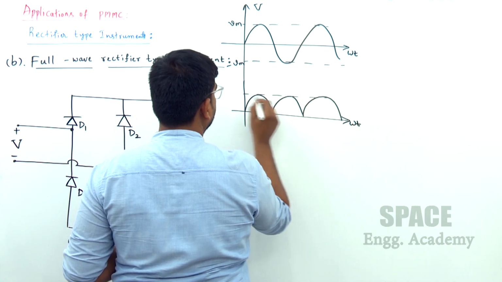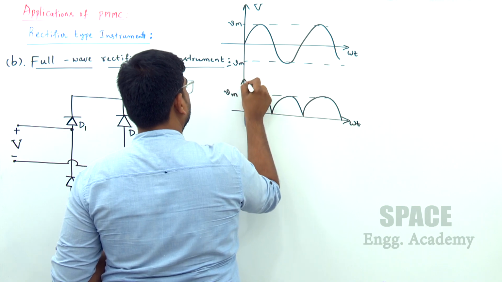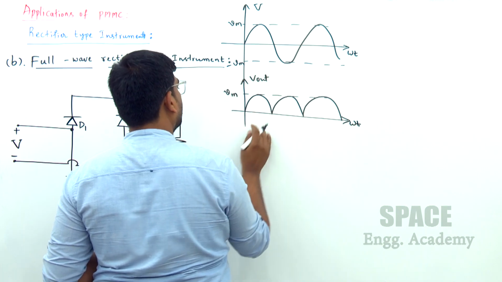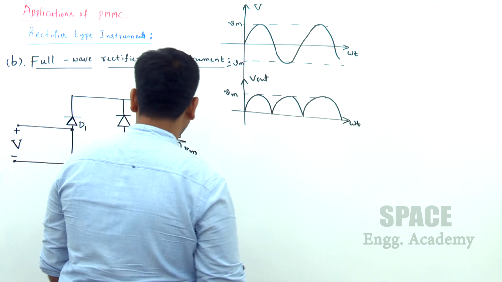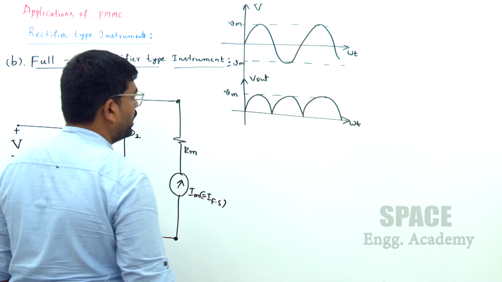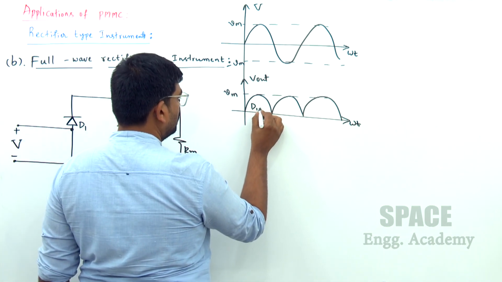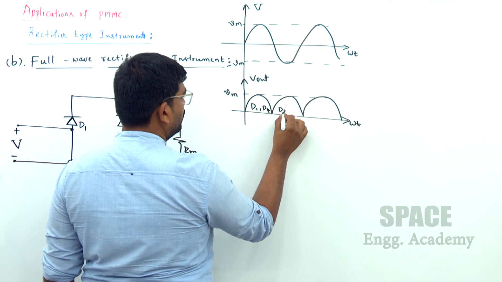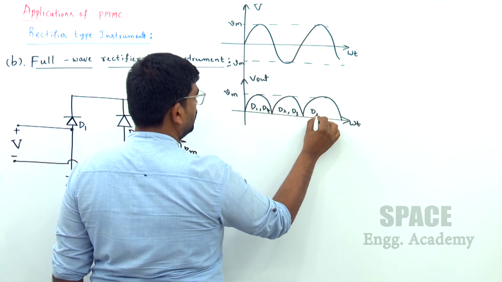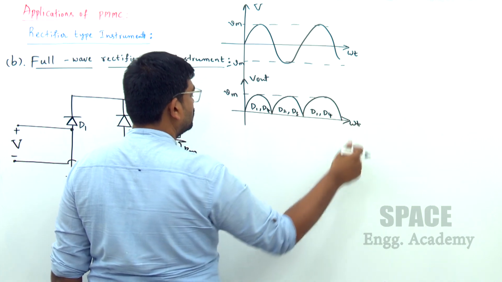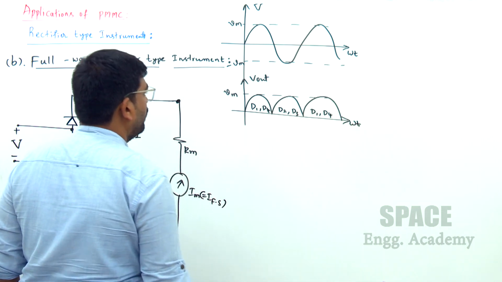This is the output of the full wave rectifier. Two diodes are in on position. So here D1, D4, D2, D3, next D1, D4, in sequence these are in on position.